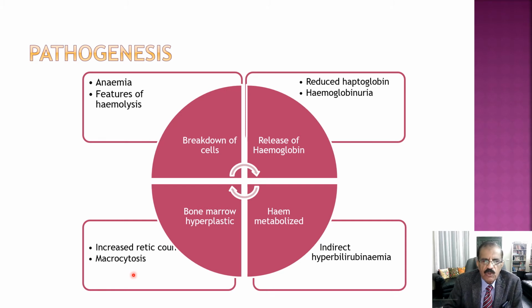Why macrocytosis? Because the younger RBCs are slightly bigger in size. So when you do the CBC, the MCV will be slightly increased because younger RBCs are slightly bigger. So this explains how hemolysis causes these abnormalities.